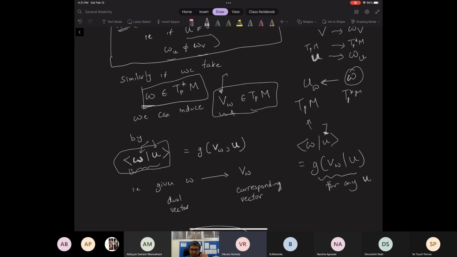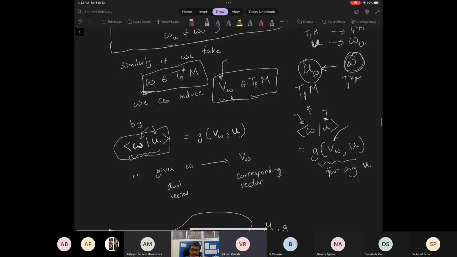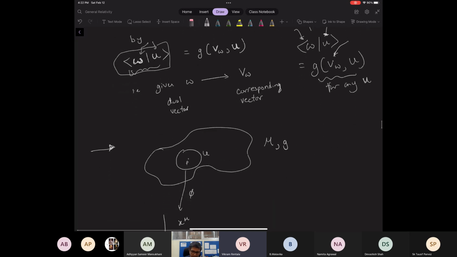If you define it this way, then given a dual vector, you have basically found a vector which gives you exactly the same inner product. Therefore you've made the reverse identification. Given a dual vector, you found the original vector that corresponds to it.